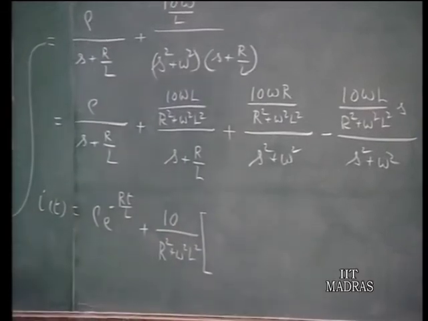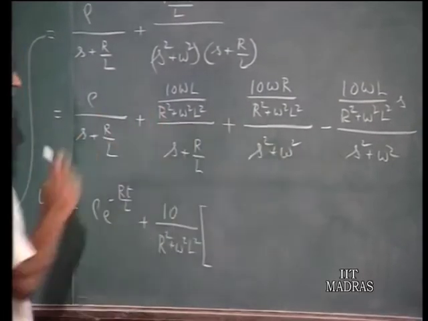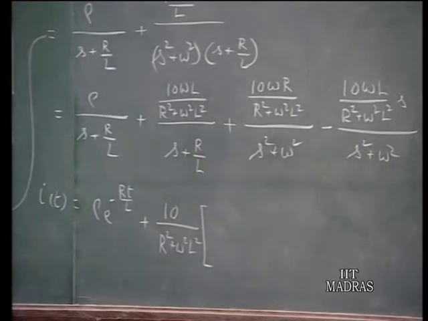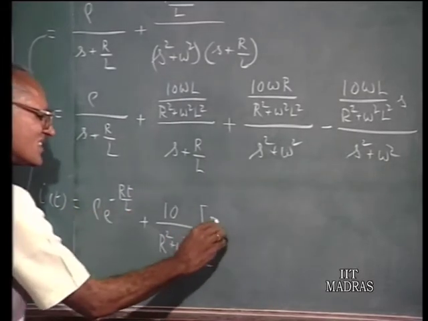You have omega over s squared plus omega squared gives you sin omega t, therefore you have R sin omega t.